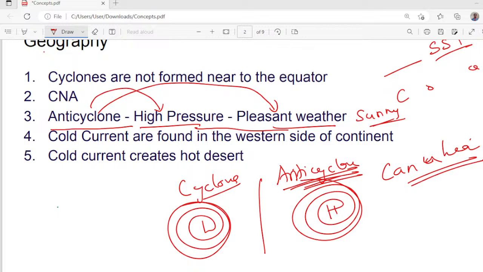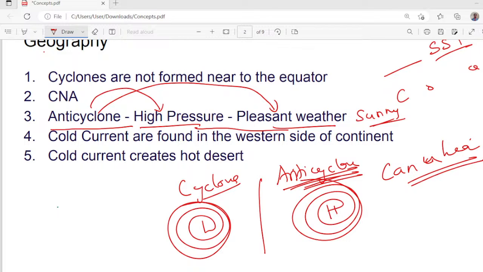So I'm saying an anticyclone is a high pressure area and it has a pleasant climate. It will not have any clouds at all. Now tell me, somebody answer this question: in northern India, we get anticyclonic conditions during which month?